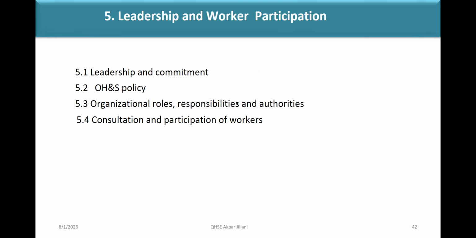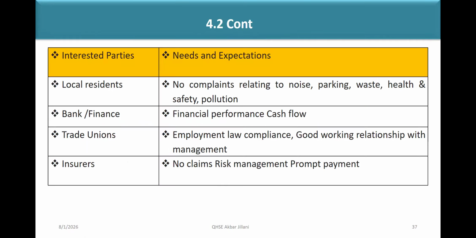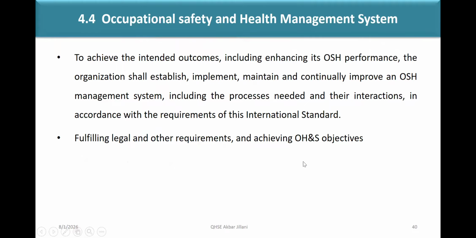You identified internal and external issues, and they should be there in your management system. 4.1. 4.2 is, what's 4.2? See, come here with me. Interested parties' needs and expectations.